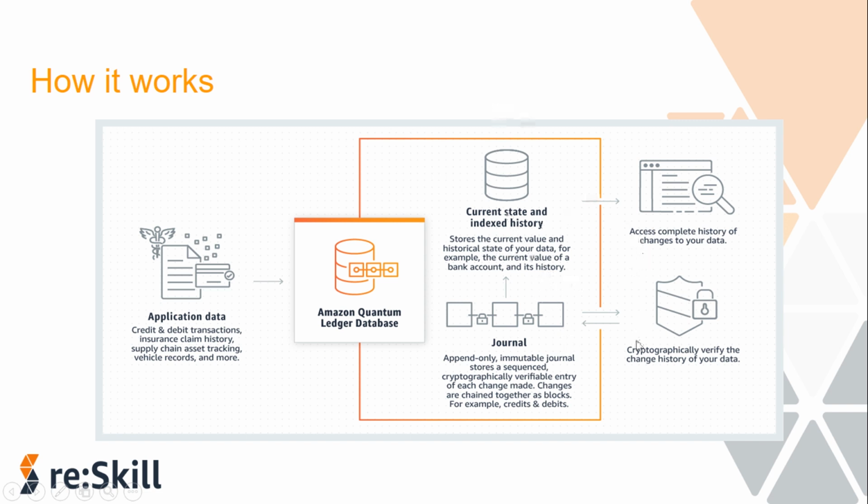Then on this data and the transaction logs, we can access a complete history of the changes that have been made to our data, and we can cryptographically verify the change history of our data, that it has not been altered by any user. It has not been overwritten. It is the real one only. So that is how it works at a high level.